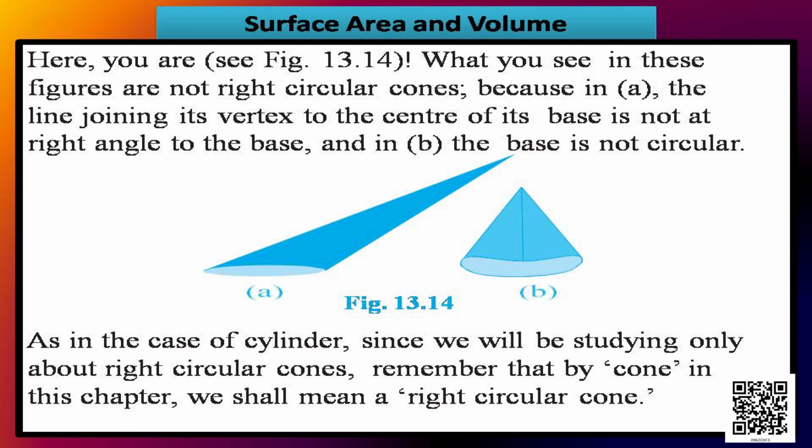These figures are not right circular cones because in A, the line joining its vertex to the center of its base is not at right angle to the base, and in figure B, the base is not circular. As in the case of the cylinder, since we will be studying only right circular cones, remember that by cone in this chapter we shall mean a right circular cone.